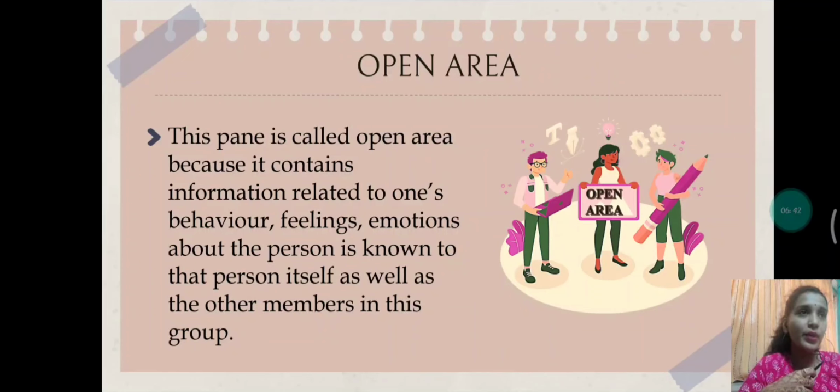When you're working with your colleague, and you are a very open person, you like to explore new things, you like to gain knowledge, or you like to explore more of yourself and also others.